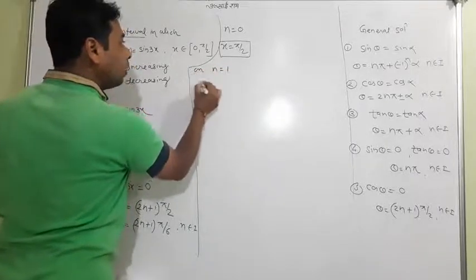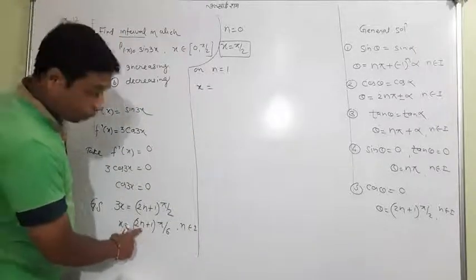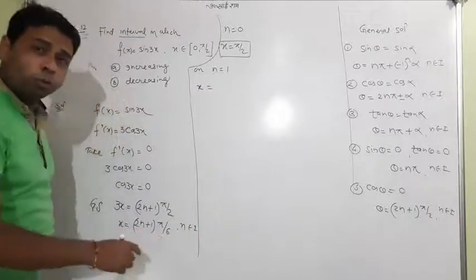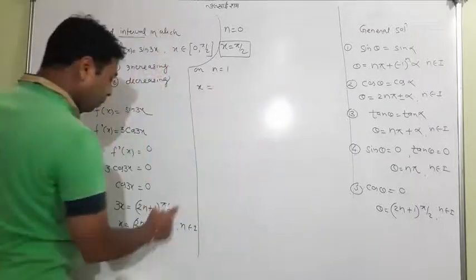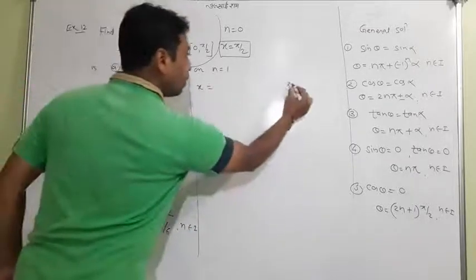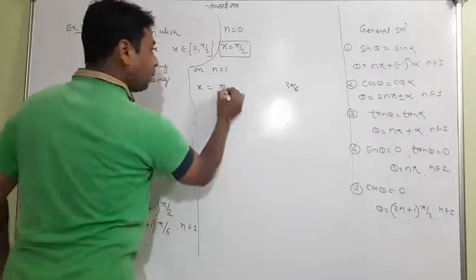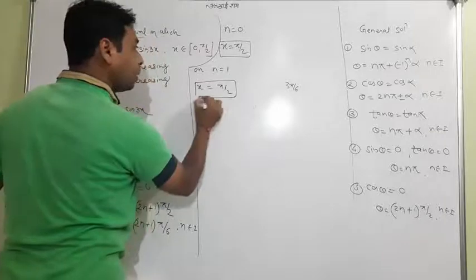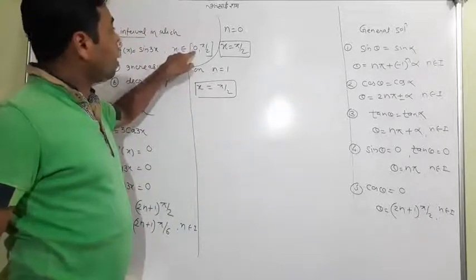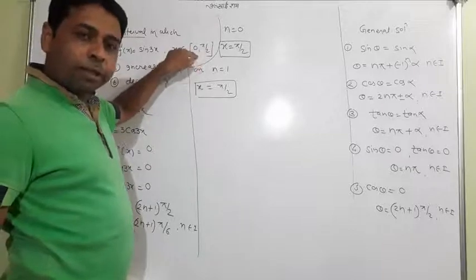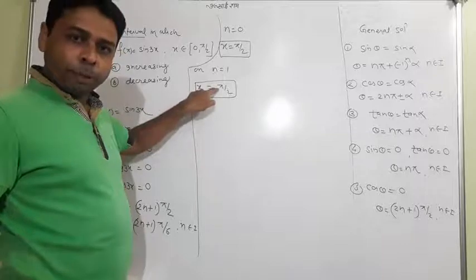On putting n equal to 1, x is equal to 2 ones are 2, plus 1, 3 pi by 6, meaning pi by 2, and pi by 2 is again acceptable because it is a closed bracket. So 0 and pi by 2 both acceptable, and all numbers between are acceptable. So you have got x equal to pi by 2, which is correct.